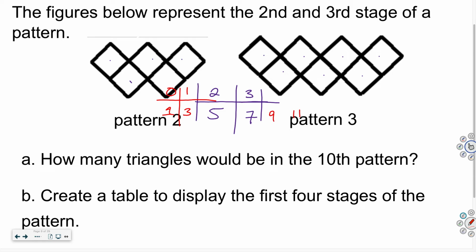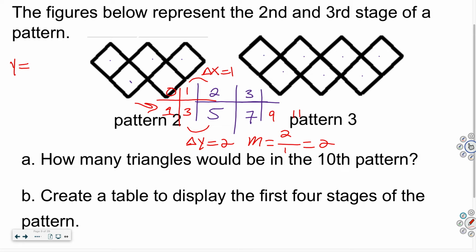Well, if we get a linear equation from this, y equals, our change in y equals 2, change in x equals 1. So that gives us an m of 2 over 1, which is 2. And so we start at this point, 1 here.